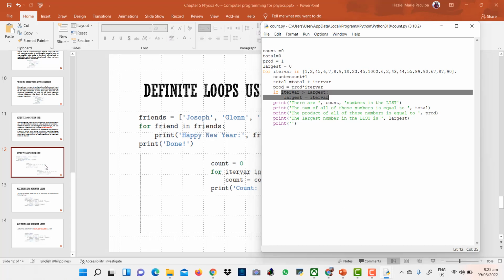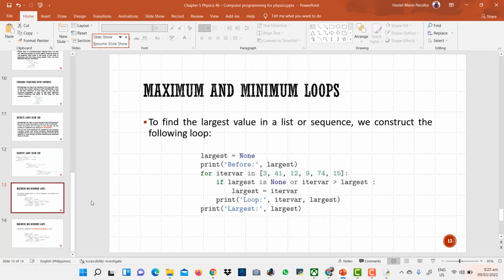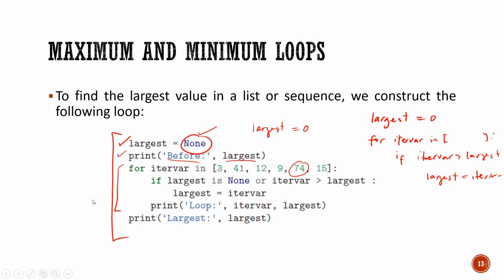But in this case, it is generalized to handle the case where your largest is initially None, it has no value, no number. So what is this, the logical operator or?